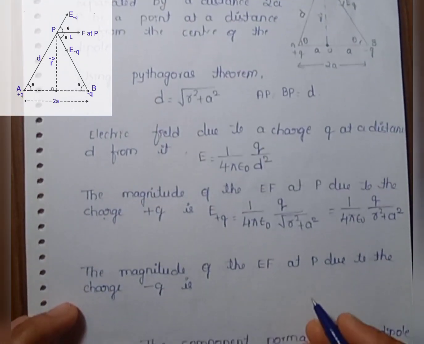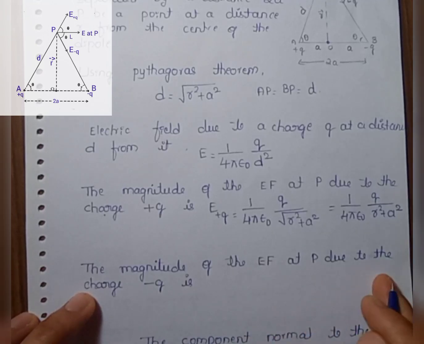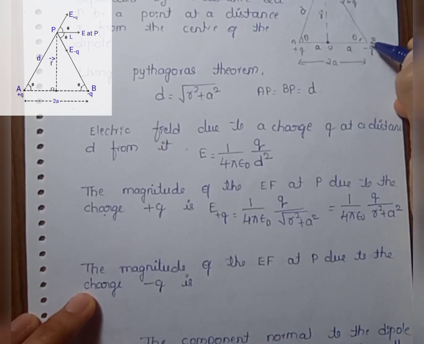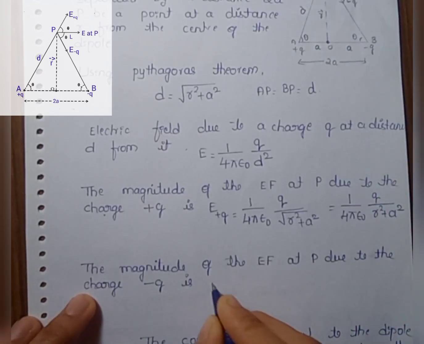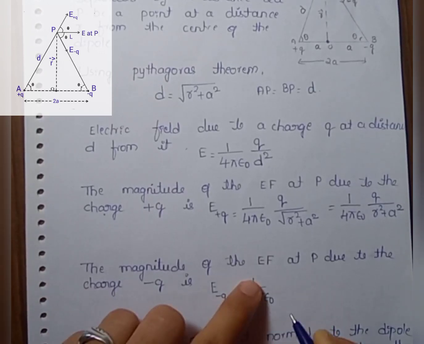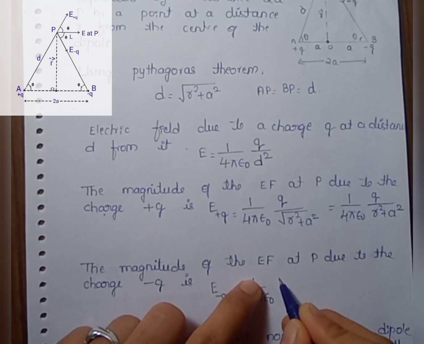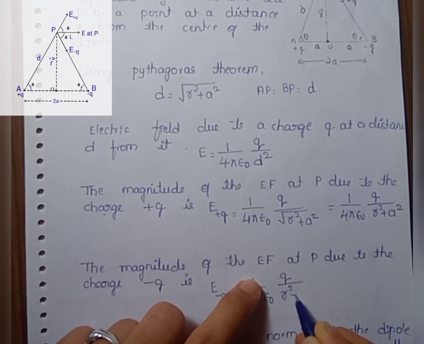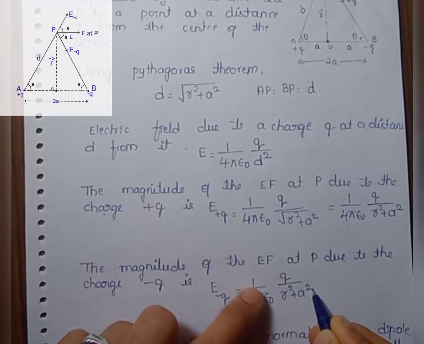Now the magnitude of the electric field at P due to the charge minus Q can be written as E minus Q is equal to 1 by 4 pi epsilon naught Q divided by R square plus A square. Why didn't we write minus Q?